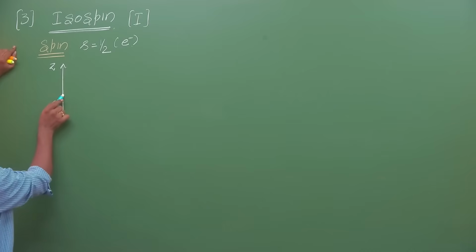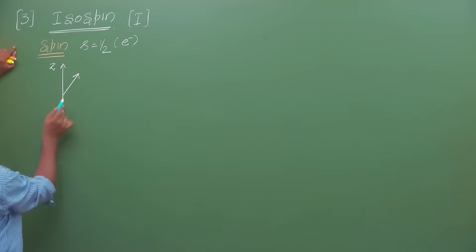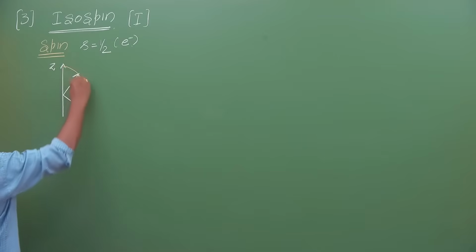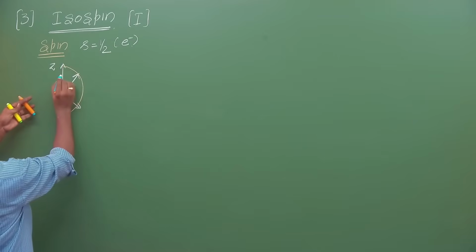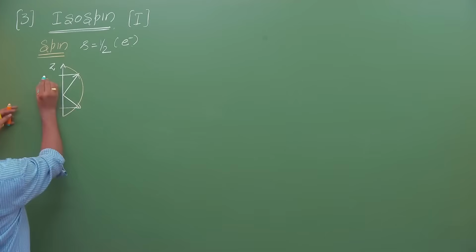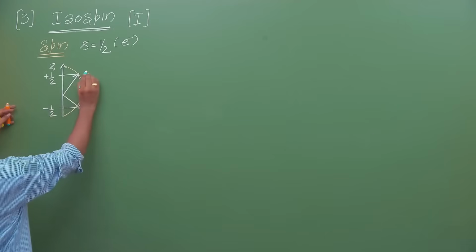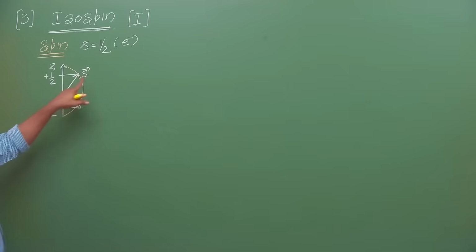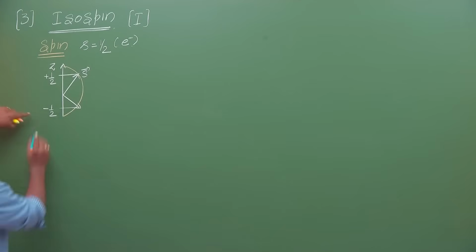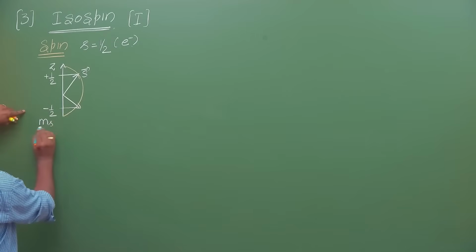So this is plus half and this is minus half. This is S bar, so your S bar has two projections along the Z axis, and these values we call MS.